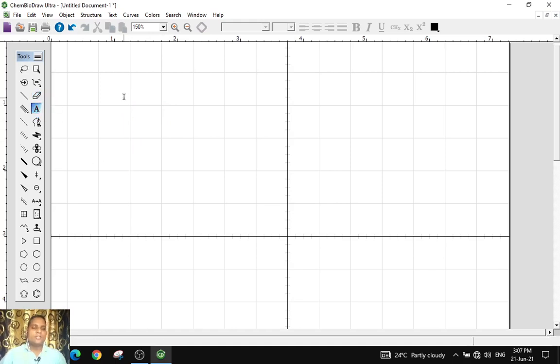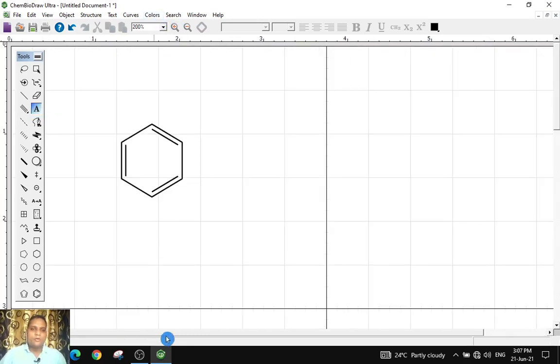This A button, as usual, is the text button. It also appears in Microsoft Word, Microsoft PowerPoint, and various tools. If you want to draw the structure of pyridine and you have the nitrogen atom there, simply click on A and go to the center. Let me show you.